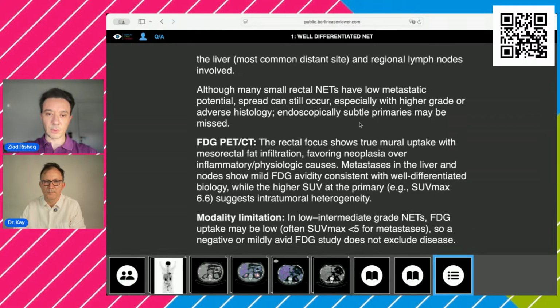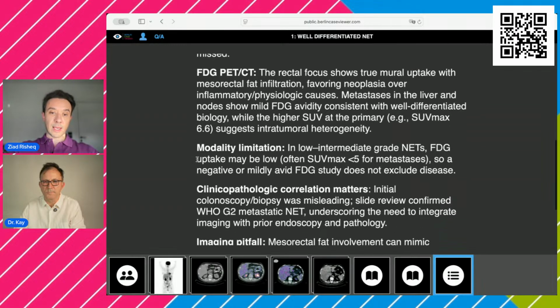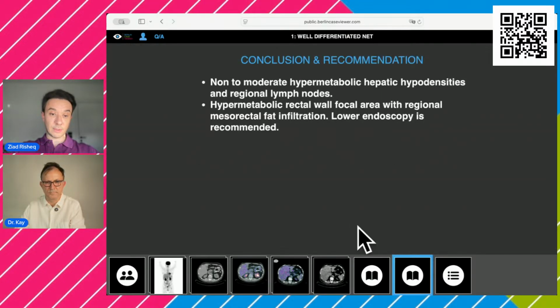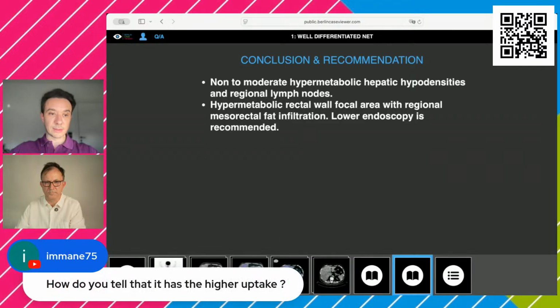We're going to add another volume to do a summary about neuroendocrine tumors. And here you can see the limitations of FDG PET in these cases, and basically a summary of this case, and how to report these findings and how to write your conclusion based on your findings.